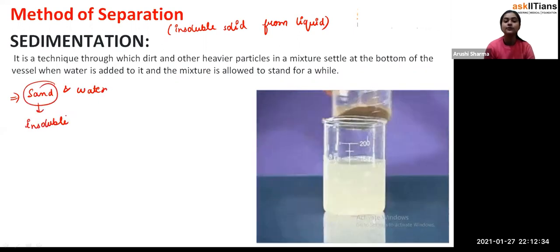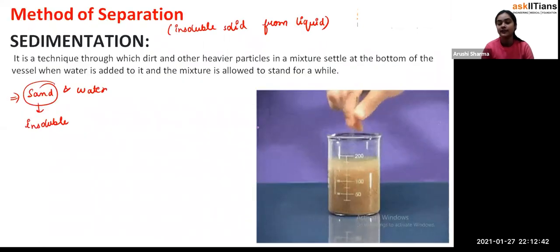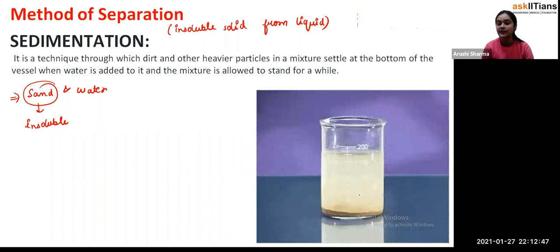You can take one beaker of water, as you can see here, and add sand into it. I'll show you again. When you mix it and keep it for some time, you can see that this sand is going to settle down at the bottom, this mud settles down at the bottom.